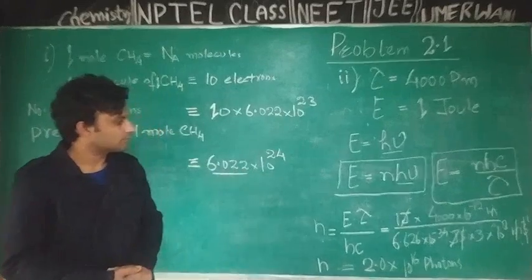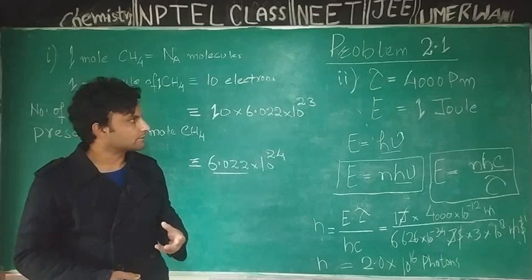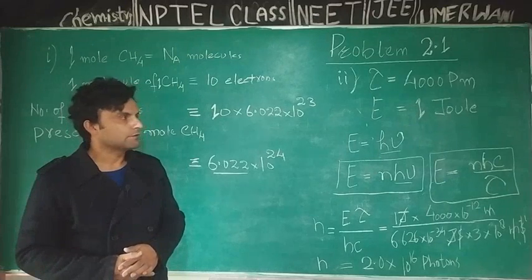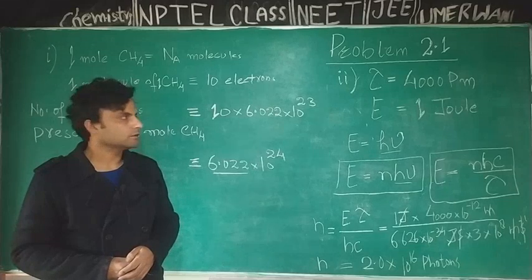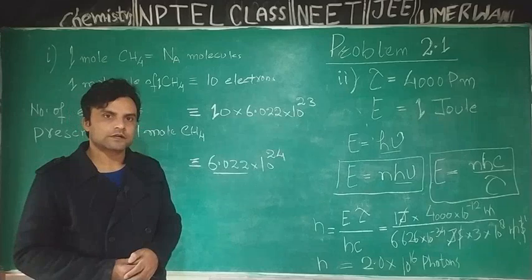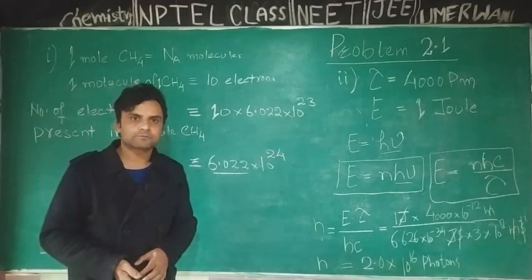And second information is that if we have a radiation of energy 1 joule, and if this radiation has wavelength equal to 4000 picometer, number of photons in this radiation, number of photons in this light are equal to 2 into 10 raised to the power 16.